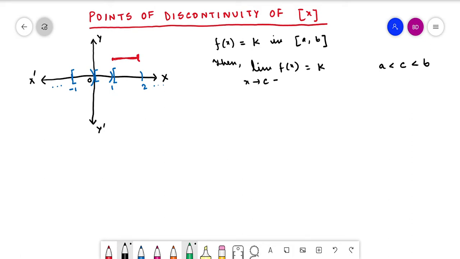Because the function has a constant value k, when you calculate the left hand limit, it is independent of whether x is tending towards c from the left or right.